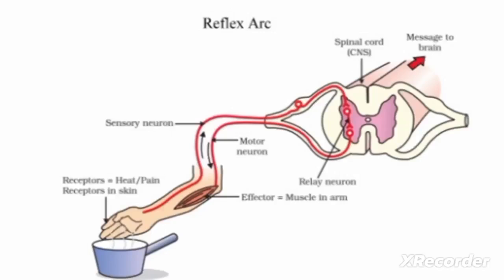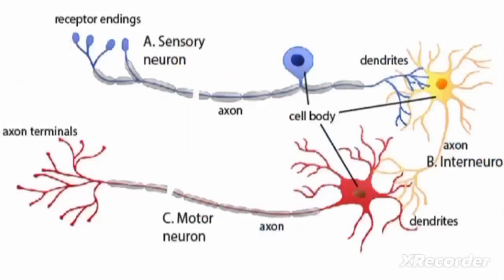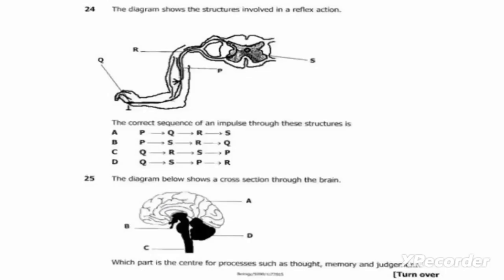The first passage they will use is the sensory neuron. Then the impulses will be interconnected by the intermediate neuron or relay neuron. Then they will be passed on to the motor neuron. Then the motor neuron will bring the impulses to the effector. So therefore, our correct answer is D.